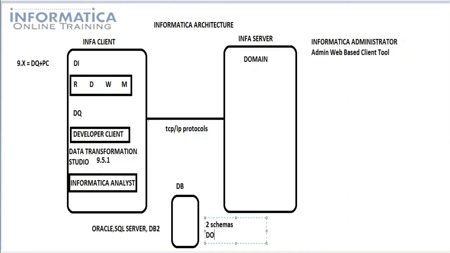You need a domain schema and a repository schema. It is always recommended to have both the schemas within a single, separate database, where the domain related tables will be present in the domain schema and the repository related information will be present in the repository schema.